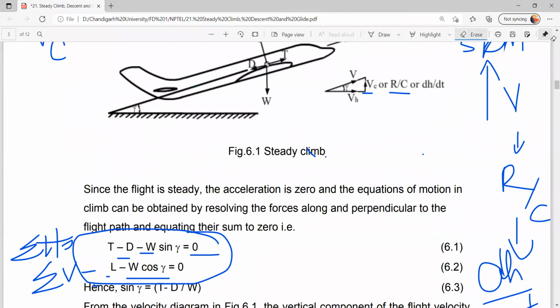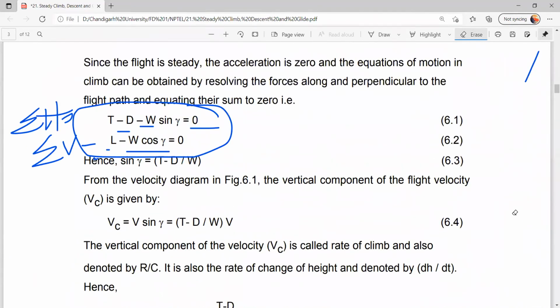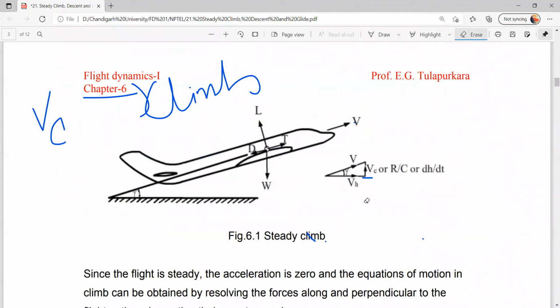VSI, I hope in your instruments you have already studied the vertical speed indicator, right? It will show the value of rate of climb, like a speedometer in a bike. So that is one of the instruments which gives rate of climb, speed of climb.